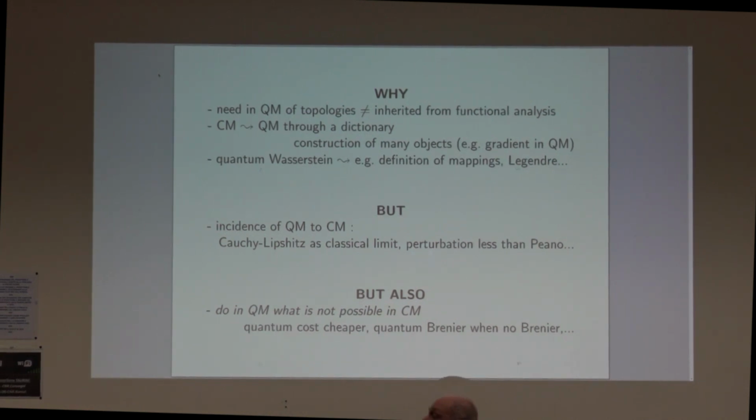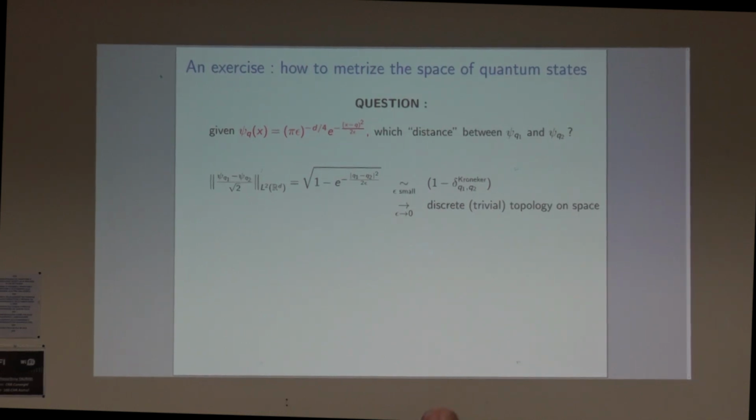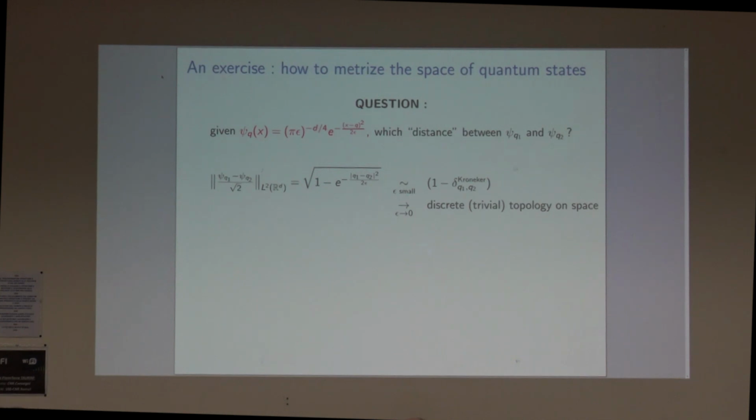So let me start with a very simple exercise in order to answer the question of how to metrize the space of quantum states. By quantum states, I assume that everybody has a little bit of quantum mechanics in the head. In quantum mechanics, you have a Hilbert space, you have a vector in the Hilbert space, and you have an equation which ensures the evolution of this vector in the Hilbert space.